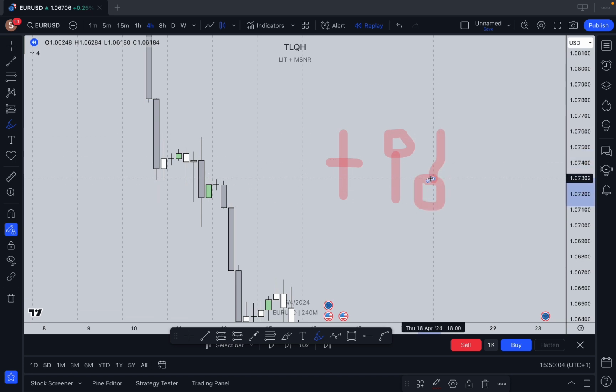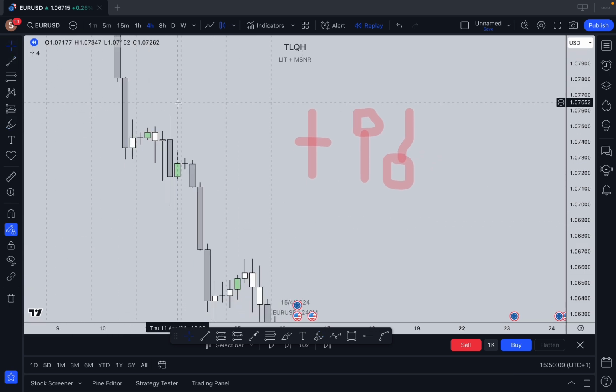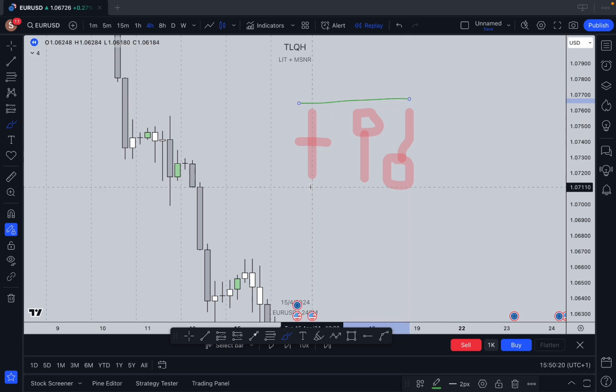So if a lot of new traders are trading this, then the likelihood is, because of the statistic that around 99.9% of traders fail, there are going to be stop losses above and stop losses below.